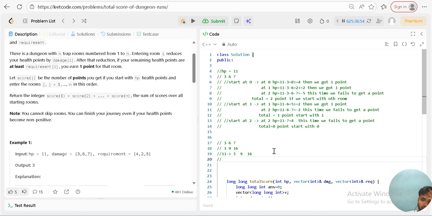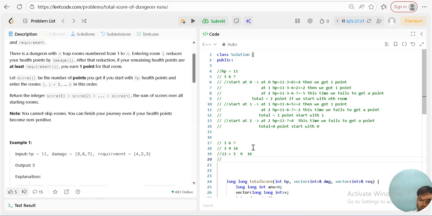Okay, so whenever I am going to start with the second point, we know that the HP, health point, is not reduced till that moment of time, so it will be 11. But we have to cope with that.